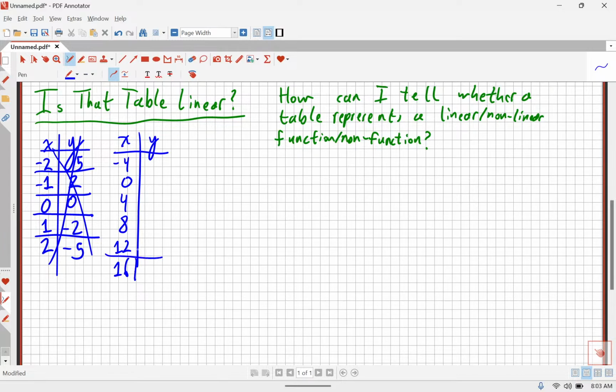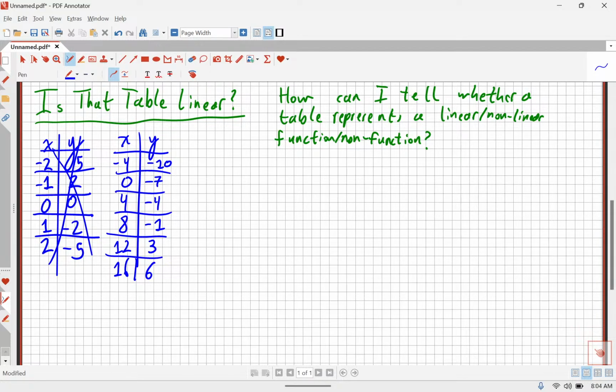Good. Okay, I got some new ones. I didn't realize that that video had both of them on there. And then Y is going to be negative 10, negative 7, negative 4, negative 1, 3, and 6.